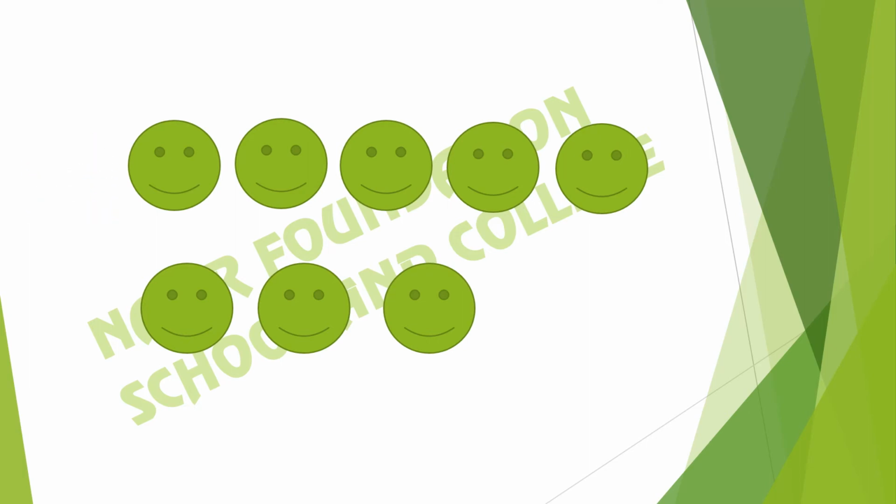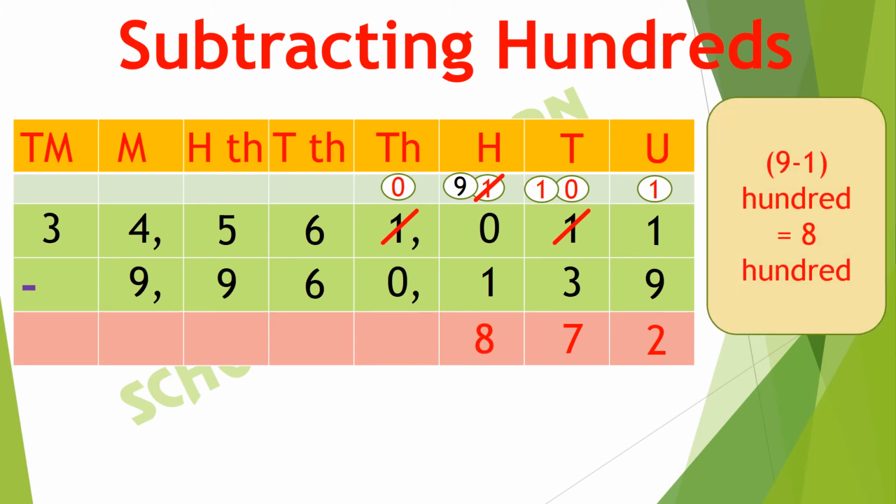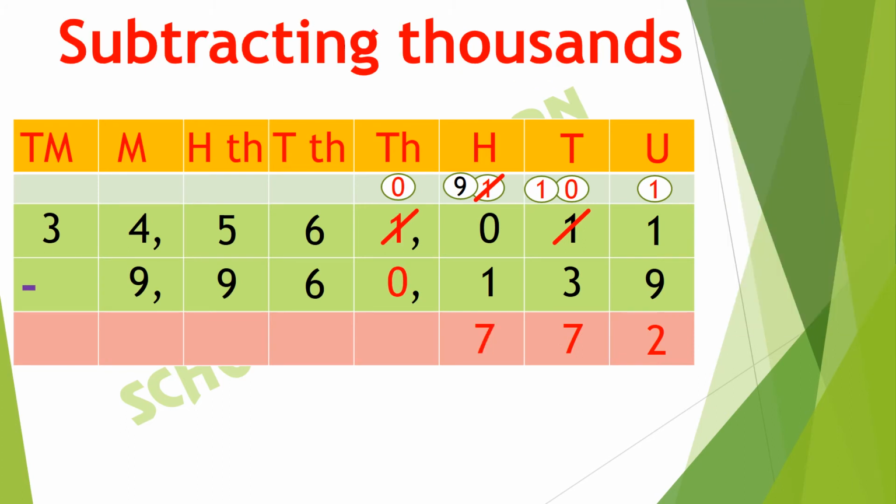And how many hundreds are left? 1, 2, 3, 4, 5, 6, 7, 8. We are left with 8 hundreds. Now we will move towards the thousands. We can see that we have to subtract 0 thousands out of 0 thousands. Here we are left with 0.